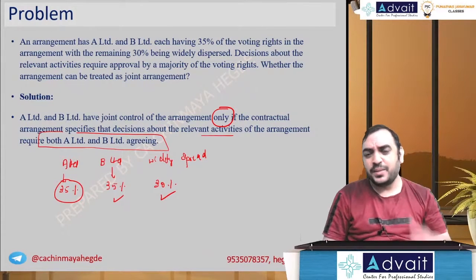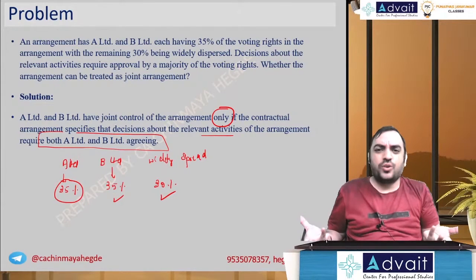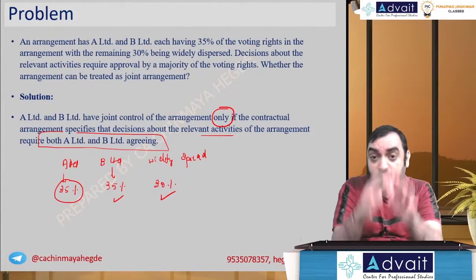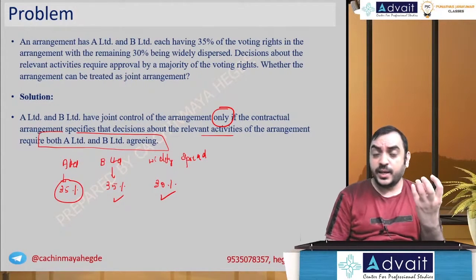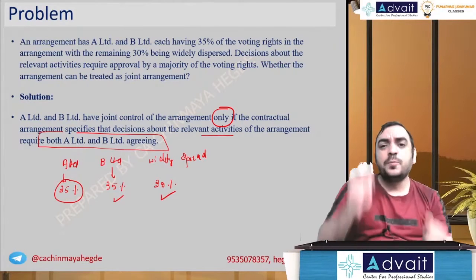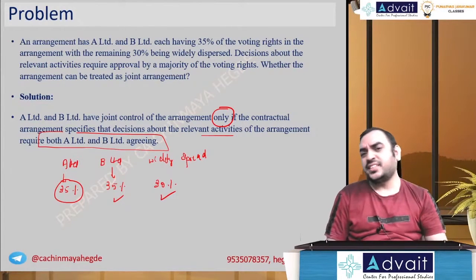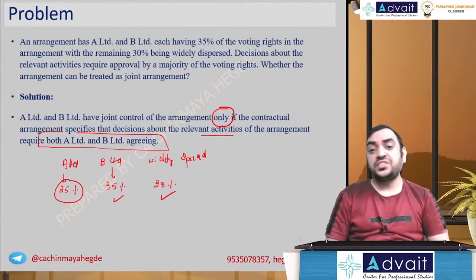Should A Limited and B Limited necessarily come together to make a decision? No, right? In this example, if you limit yourself to the information given, A Limited can have 35, the remaining people some 20%, they come together 55, so B Limited's consent is not really required. So you cannot say based on this information.